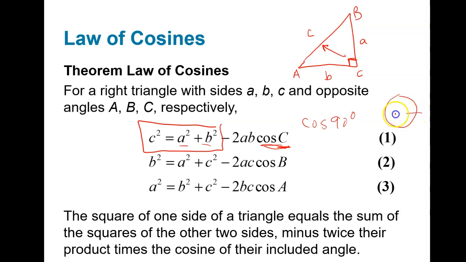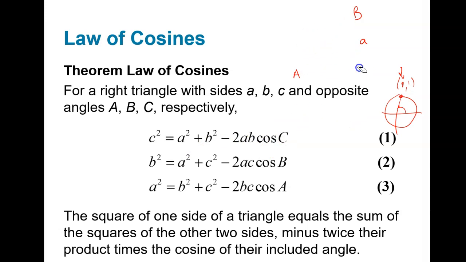It's the x-coordinate on the unit circle when I've rotated to 90 degrees, which is 0. So this part would just go away, and it is the Pythagorean theorem. So the Pythagorean theorem is just one case of a bigger way to relate all triangles, and that is the law of cosines. It is the Pythagorean theorem with this little piece attached.